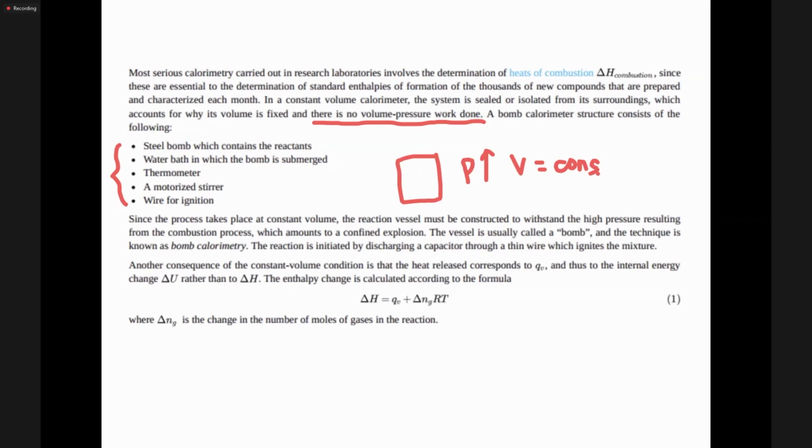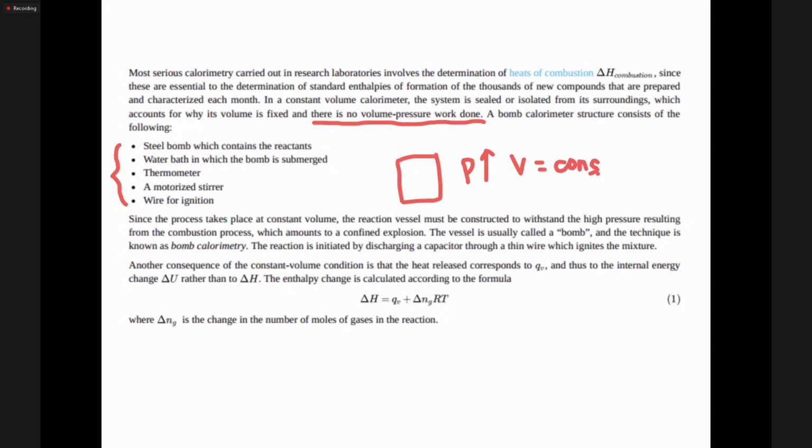So delta H, the enthalpy change, is calculated according to the formula delta H is equal to delta U plus delta Ng RT. Delta U is equal to QV because it is a constant volume reaction, and we substitute PV by delta Ng RT. Delta Ng is the change in the number of moles of gaseous components of the reaction. In the last class, I told you why we talk only about the change in the number of moles of gaseous components: in the case of solids and liquids, the volume change is very much negligible, but in the case of gases, it is very high.